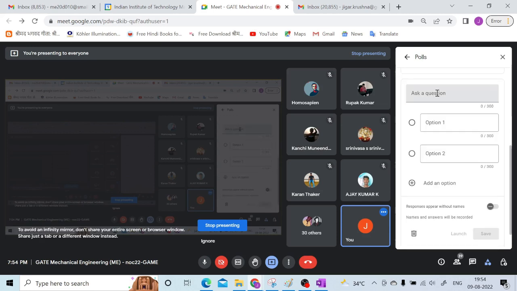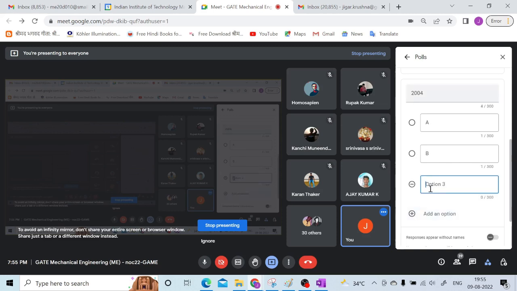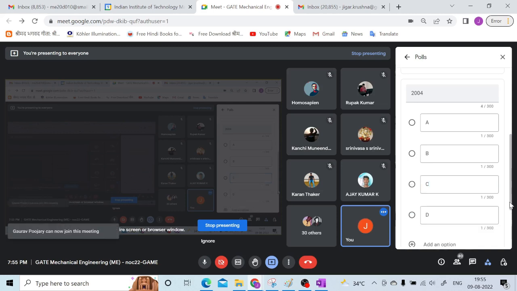I am not remembering the question number, so I am simply writing 2004. So it is GATE 2004. Let us go for it. A, B, C, D will be the options.